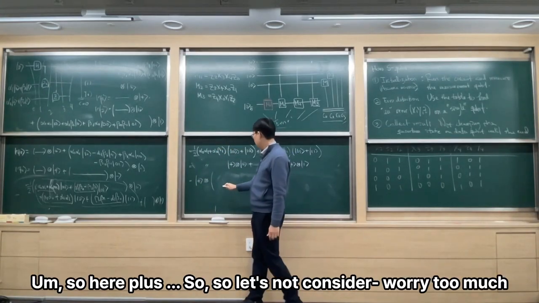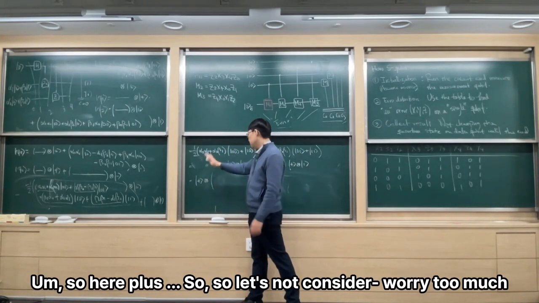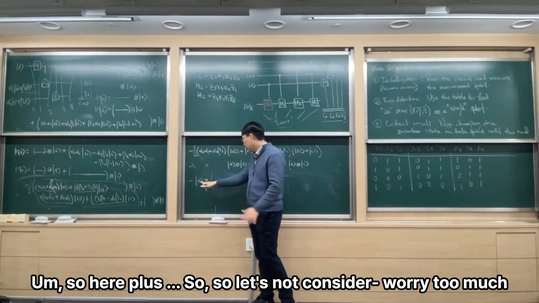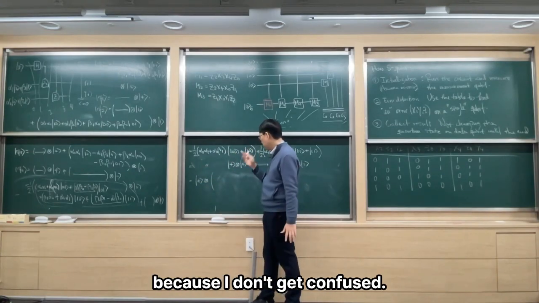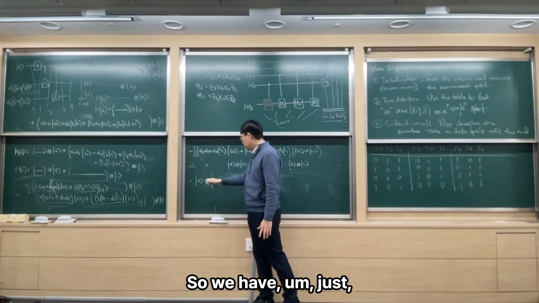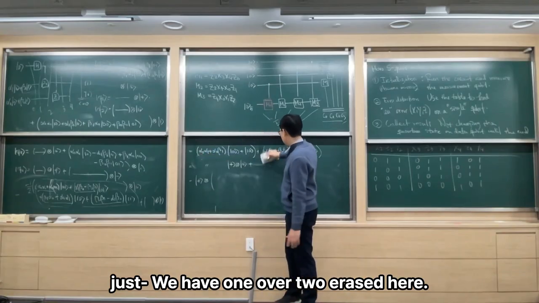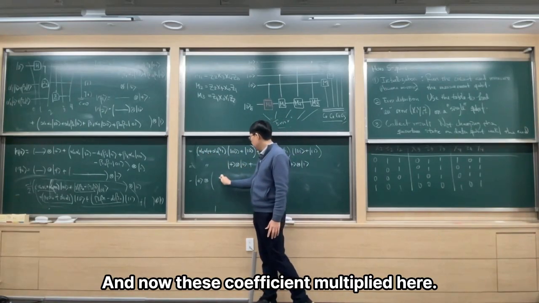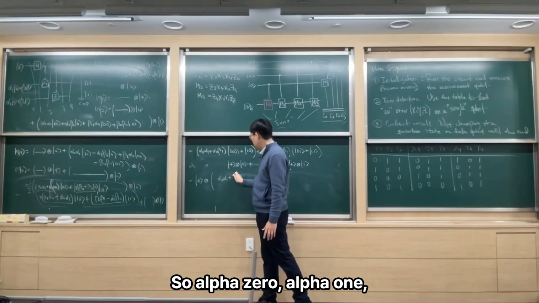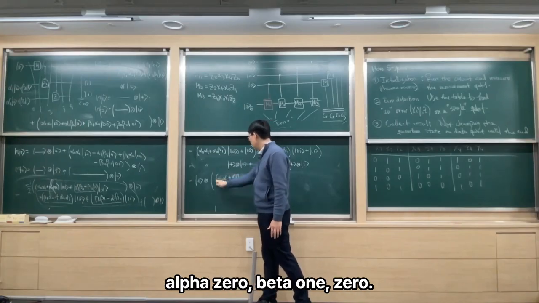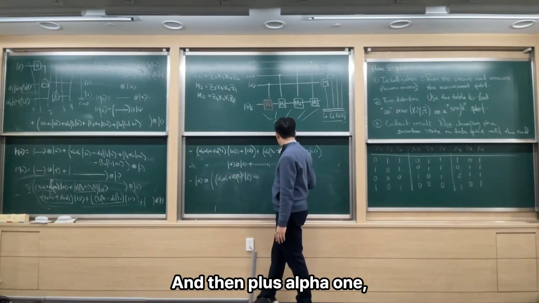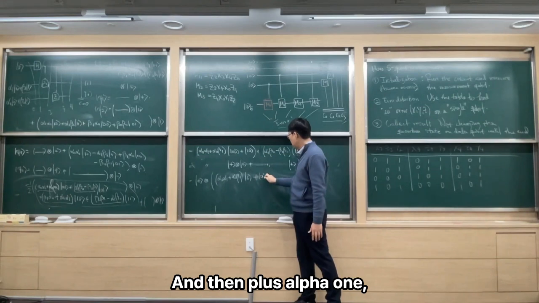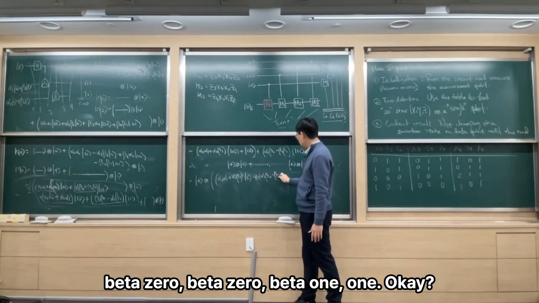Times what? So here plus, let's not worry too much about this coefficient because I get confused. We have 1 over 2 erased here, and now this coefficient multiplied here. So alpha 0, alpha 1, alpha 0, beta 1, 0, and then plus alpha 1, beta 0, beta 0, beta 1, 1.